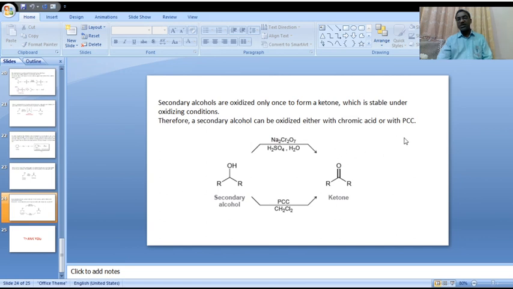Okay, this reaction proceeds in the presence of chromic acid or with PCC, giving ketones. The final product is ketone. Okay, this is about secondary alcohol oxidation.